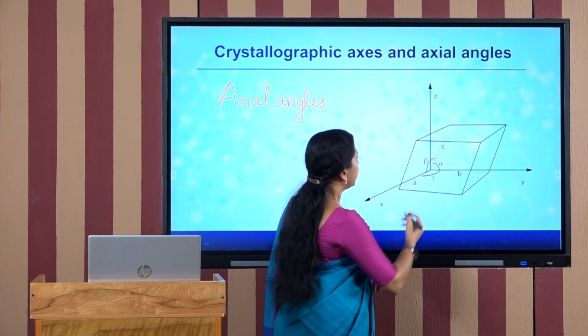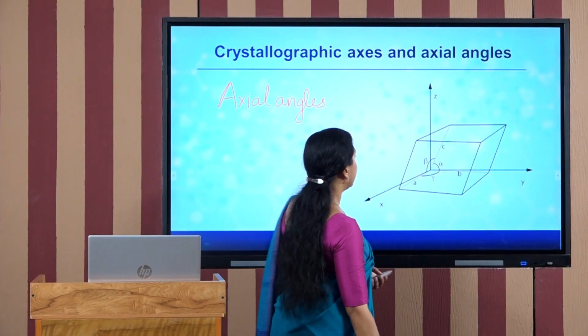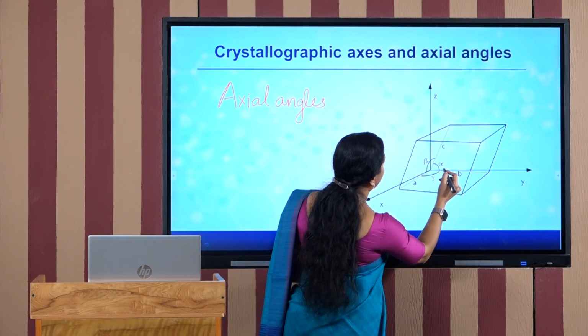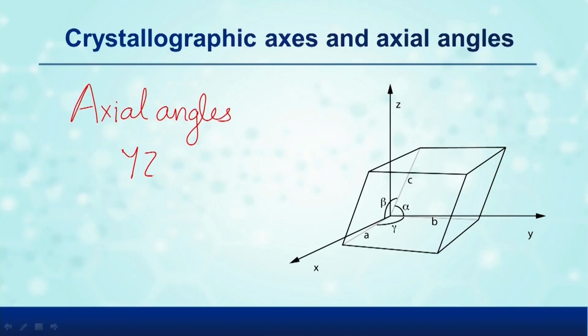So, this is a cube and we have the three crystallographic axes x, y and z, okay. So, the angle between y and z axis is denoted as alpha, and the angle between the x and z axis is denoted as beta, and the angle between x and y axis is denoted as gamma, okay.